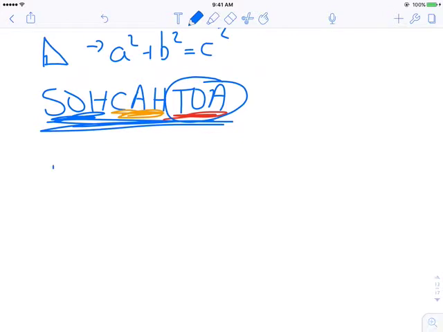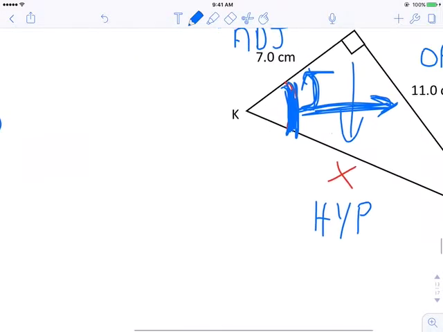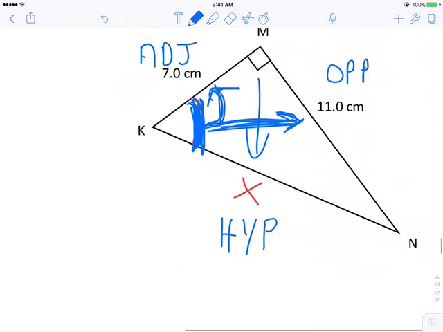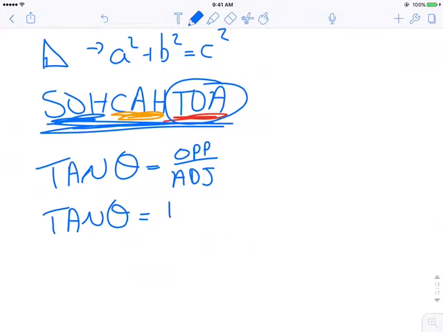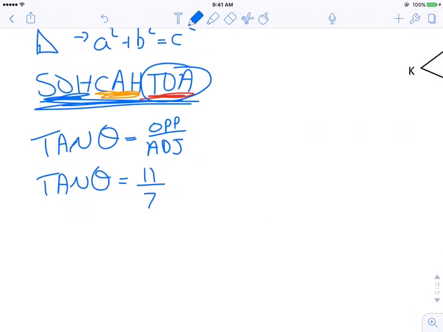Okay. Step 1, decide that. Write down our formula. Tangent of an angle is equal to opposite over adjacent. Substitute in our numbers. Tangent of an angle is equal to my opposite side, which was 11, and my adjacent side, which was 7. Just double check. Yep.